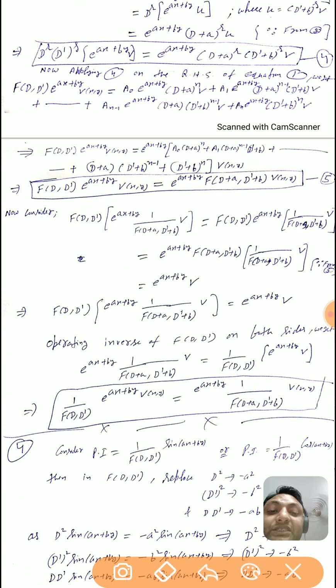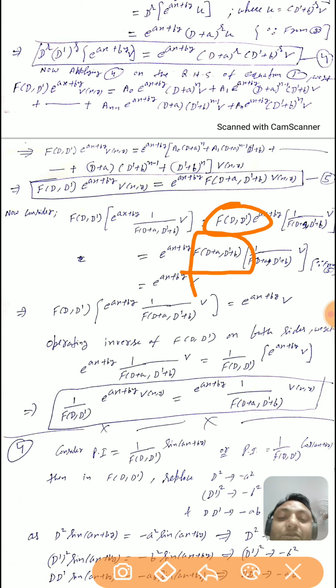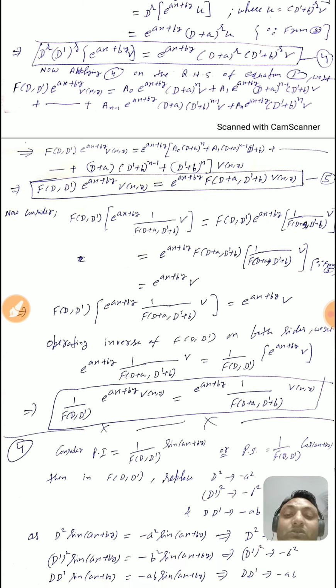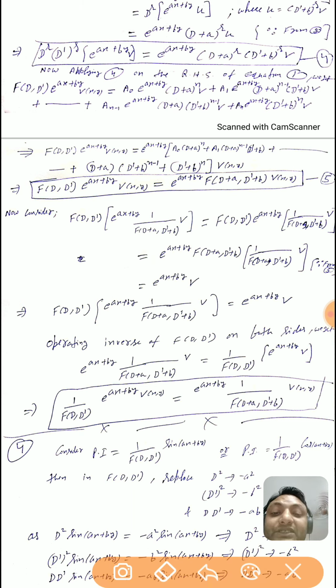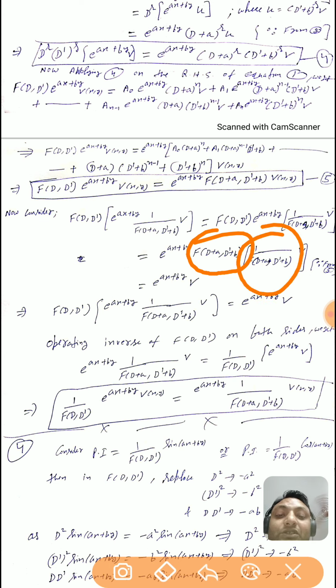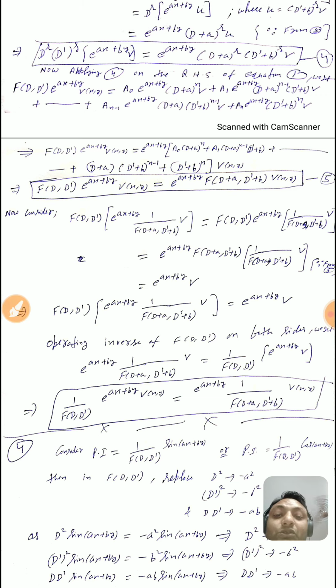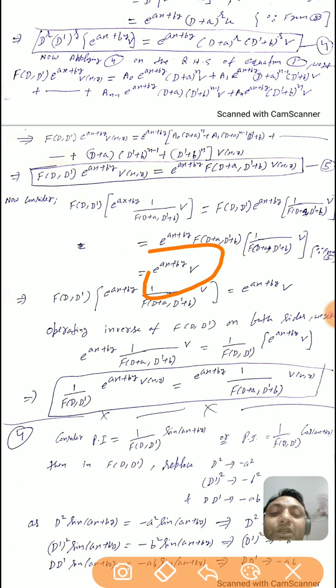When we take this e power ax plus by outside, and operate f of D, D dash on it, D will be replaced by D plus a and D dash will be replaced by D dash plus b. All the other terms will remain the same. So in the next step you can see this is f of D plus a, D dash plus b, and this is the inverse operator of it, so this will be cancelled out and you will get only e power ax plus by into b.